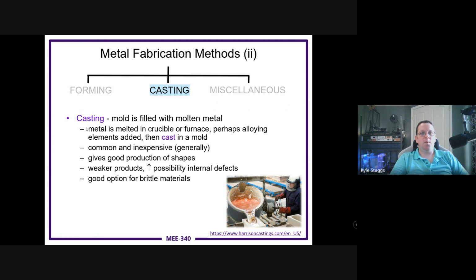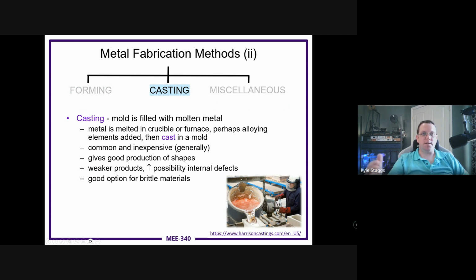These are typically weak products, because casting gives you a lot of possibility for internal defects, and that's really the main weakness of casting. So non-uniformity of the material creates weakness in the product.